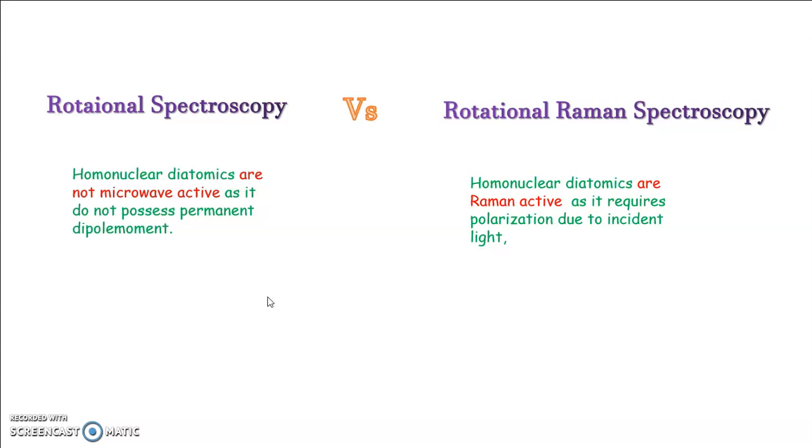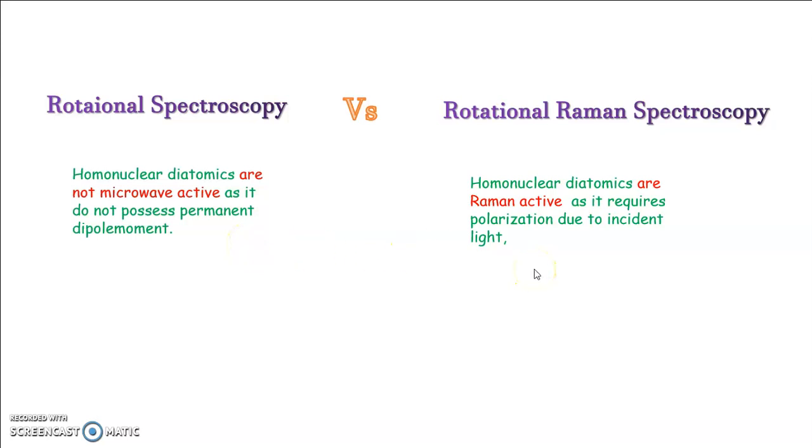It may be mentioned that homonuclear diatomic molecules are microwave inactive as they have no permanent dipole moment, and as such the rotational constant or the bond length of these homonuclear diatomics cannot be determined using rotational spectroscopy.